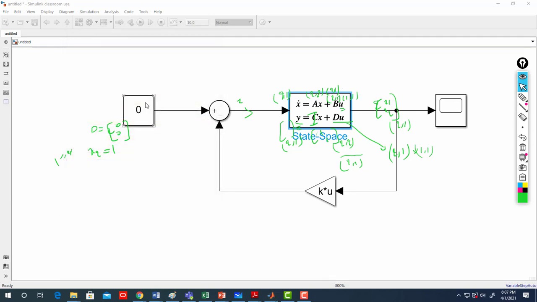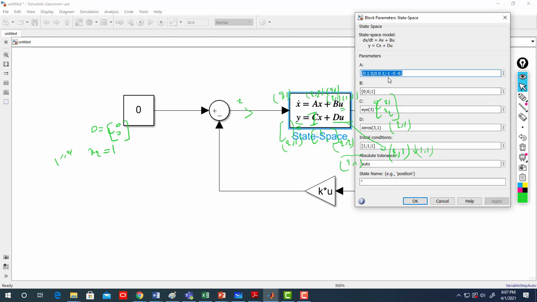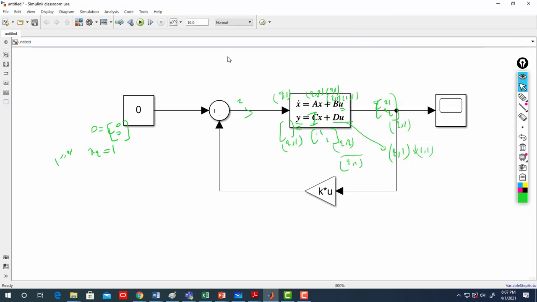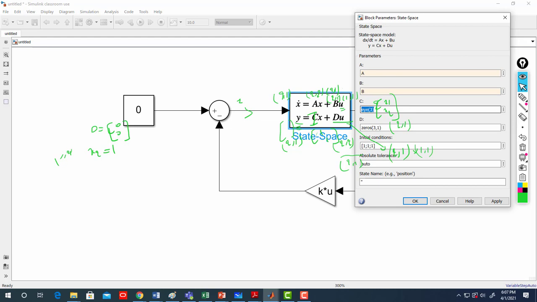Initially you have no input, just you have initial condition. Yes, so now you have your matrix A, B, C, and D. Your matrix A is again as I said, and matrix B is, so why didn't it change?